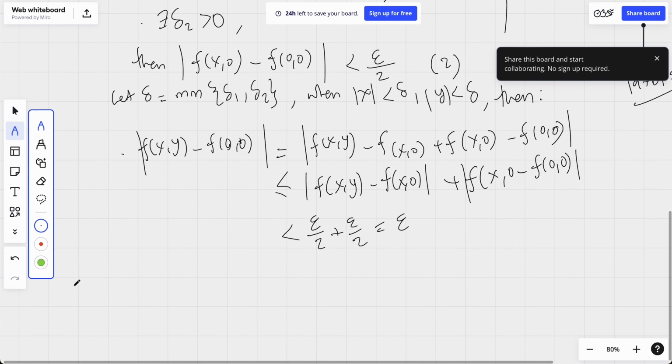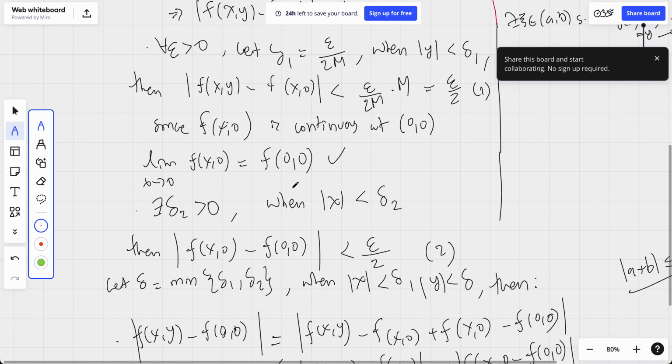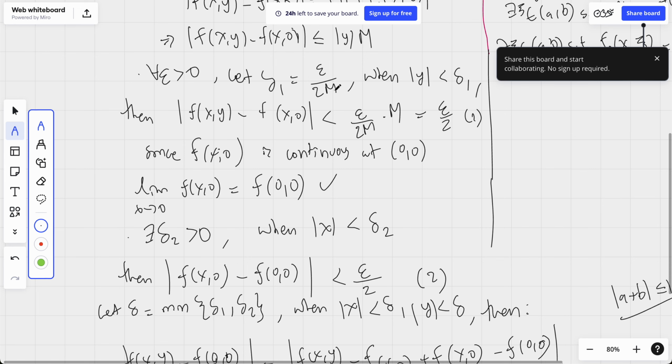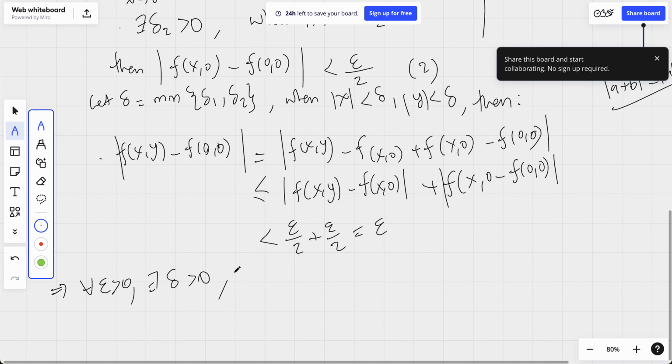So for all epsilon greater than 0, there exists a delta, the minimum of these two, which is also greater than 0, because m here is greater than 0 and this is greater than 0, so this one is greater than 0. I'm just making sure in these proofs. So there exists a delta greater than 0.